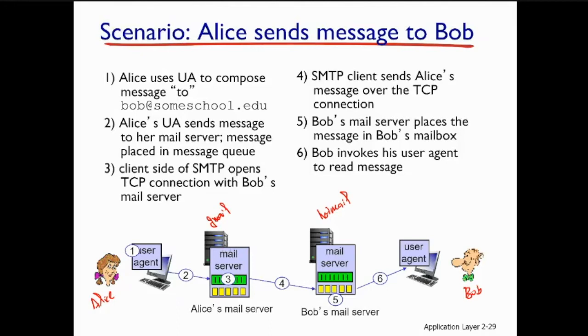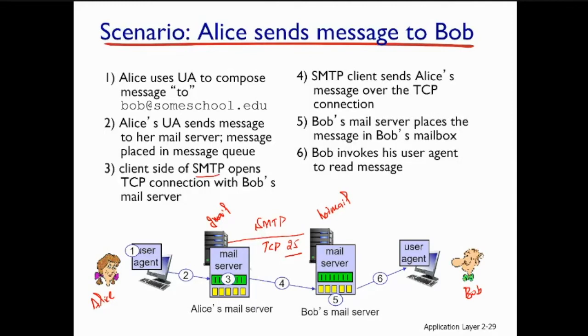Whenever it's time to be transferred, it will establish SMTP. Using SMTP, it will establish a TCP connection between these two mail servers. So this transfer at step 4 will take place using Simple Mail Transfer Protocol, but for that, it has to establish a TCP connection first on port 25.